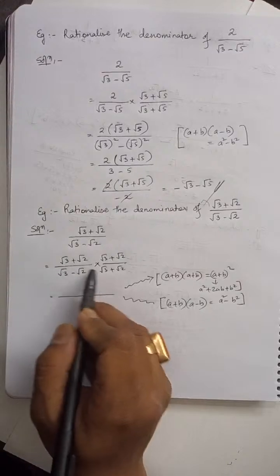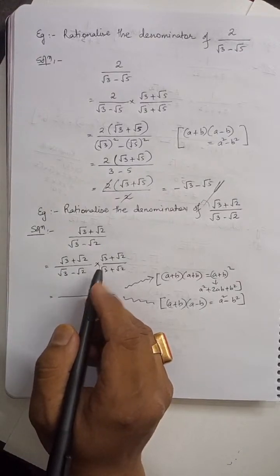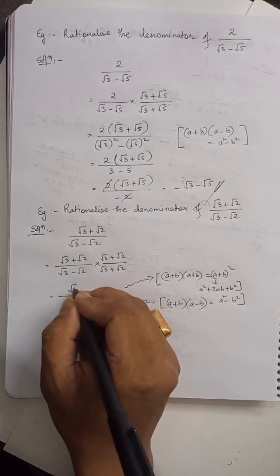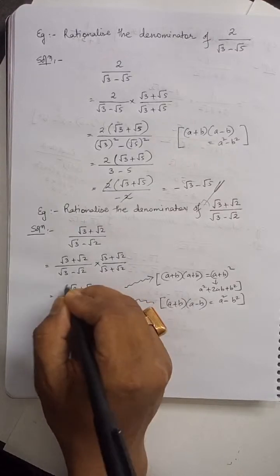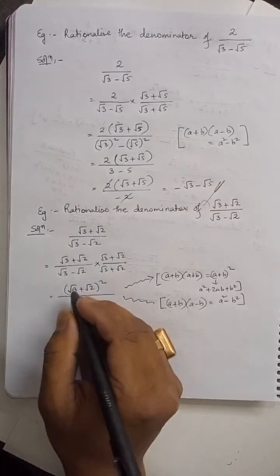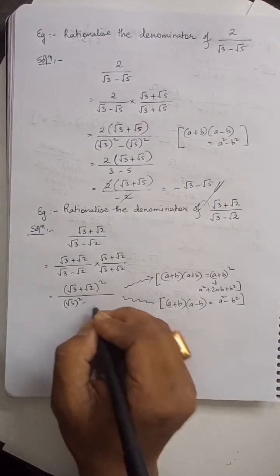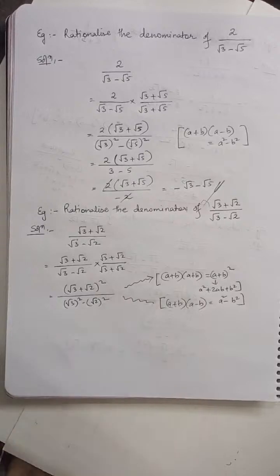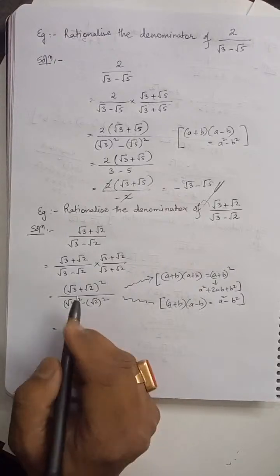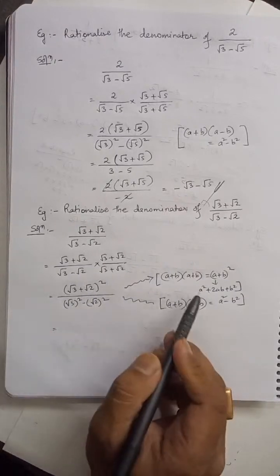So root over 3 plus root over 2 into root over 3 plus root over 2 is root over 3 plus root over 2 whole square, and in the denominator we will have root over 3 whole square minus root over 2 whole square. Okay, so we'll just expand this with the identity.